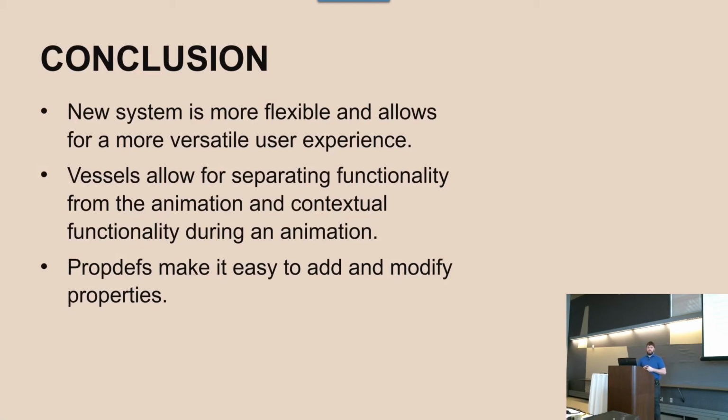It just needs generic information to do its job. The vessels handle more contextual stuff. The snappers themselves feed the animation stuff. And then prop defs are what make it easy to add and modify properties, but also it's what allows for a lot of the flexible nature of the animation P2 stuff.